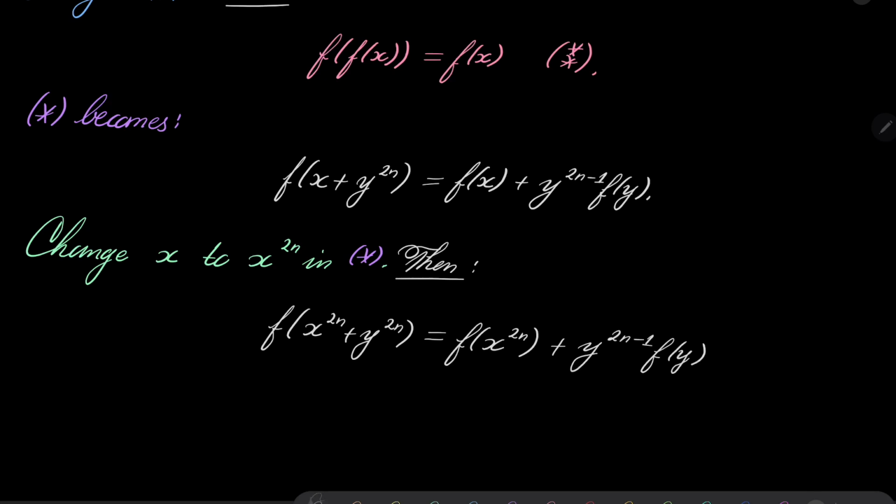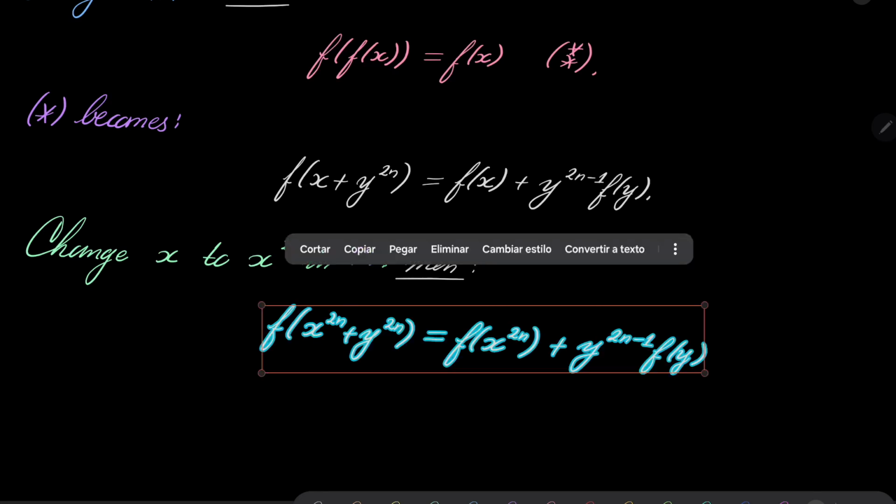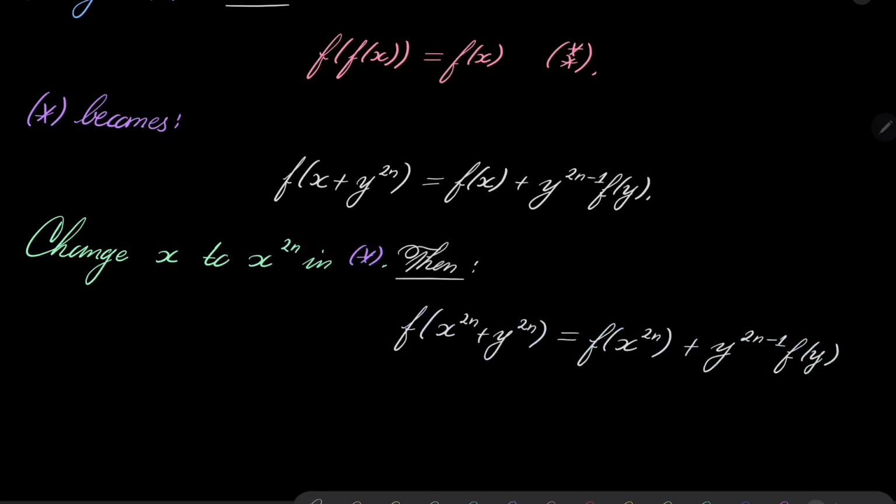But also, notice that the left-hand side of this equation is symmetric. So we can change x and y, and we will get that this also equals f of y to the power 2n plus x to the power 2n minus 1 f of x.